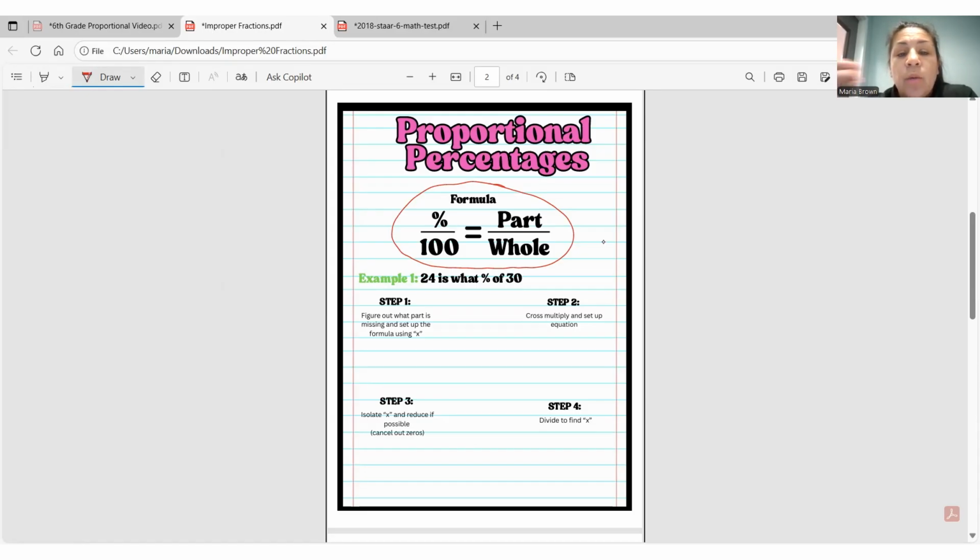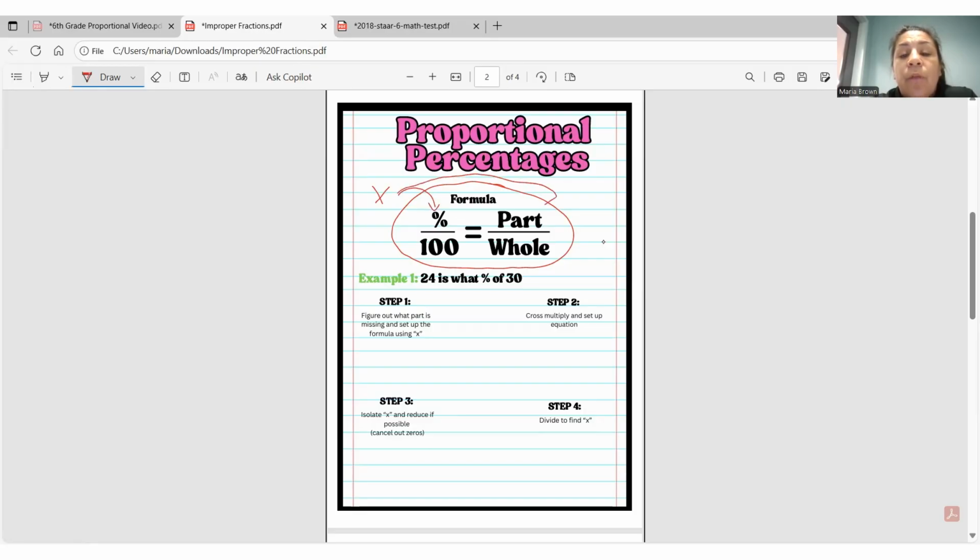So, for step one, we need to figure out what part of the formula is missing, and that is what we are solving for, and that is where we will put x. So in each problem, we're going to be solving for x. If we're looking for the percent, x will go here.